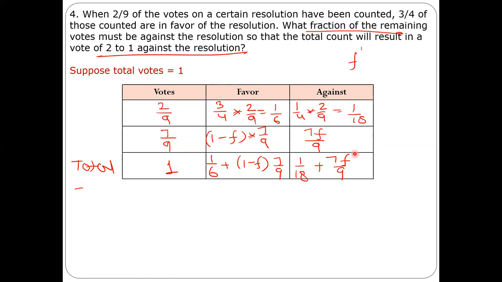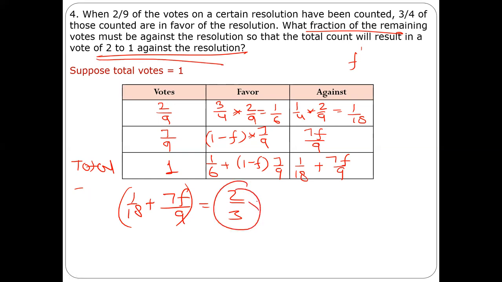So in other words, this represents 2 by 3, right? So we could straight away do this as 1 by 18 plus 7f by 9 is equal to 2 by 3, right? Because this is the total number of votes against the resolution, but it should result in 2 is to 1 against the resolution, which means 2/3 of all the votes should be against the resolution.